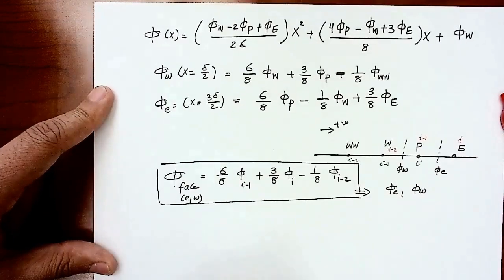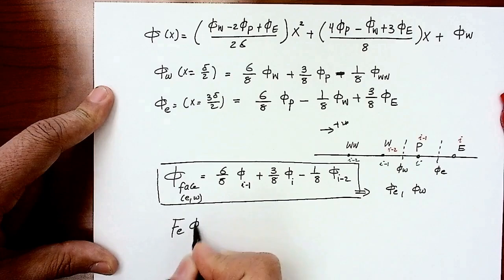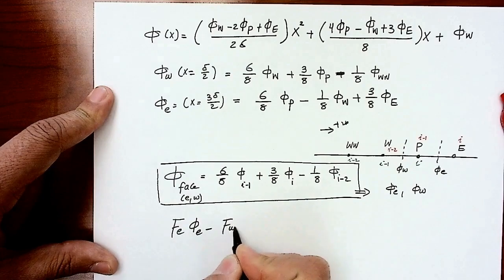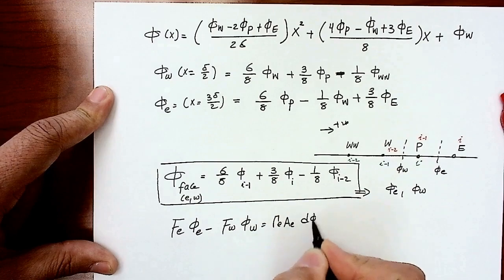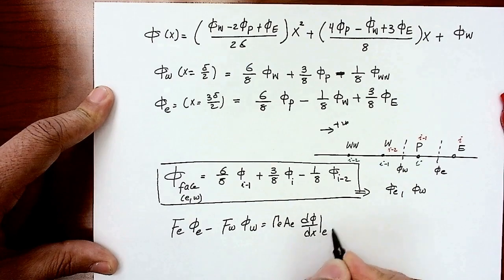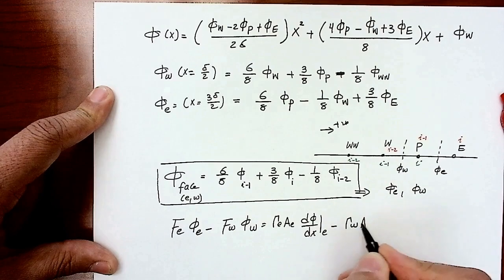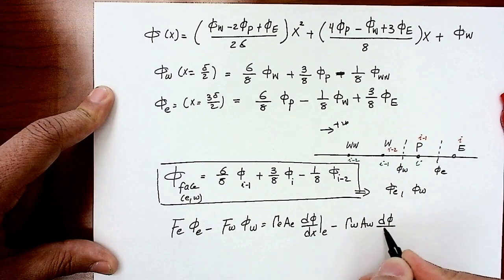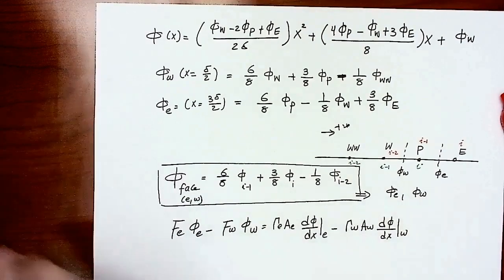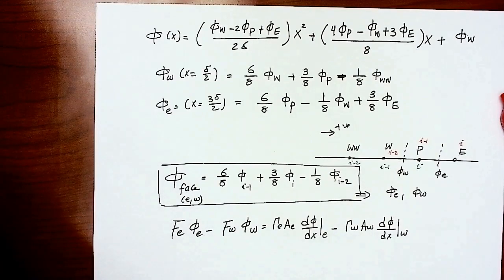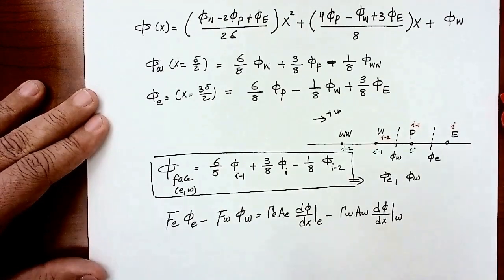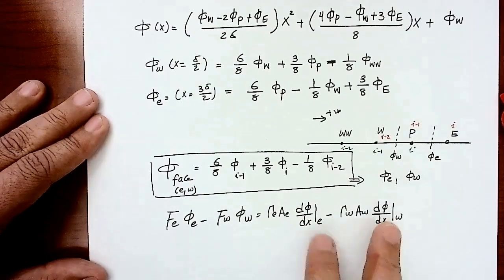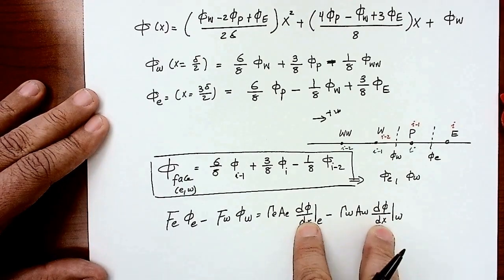Now you can go back to the general equation, F east phi east minus F west phi west equals kappa east A east d phi by dx on the east face minus kappa west A west d phi by dx on the west face. Again, I would assume so far that we are looking at interior nodes, so I can use the approximation for the diffusion.